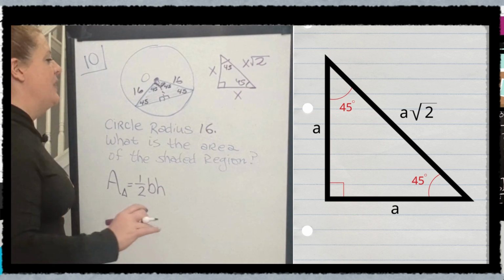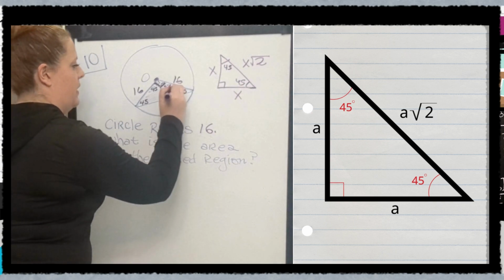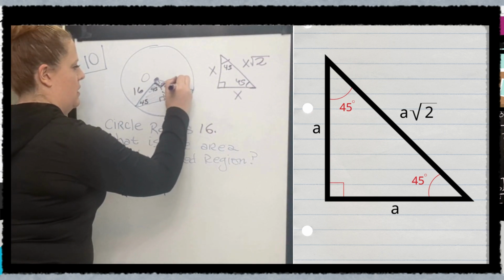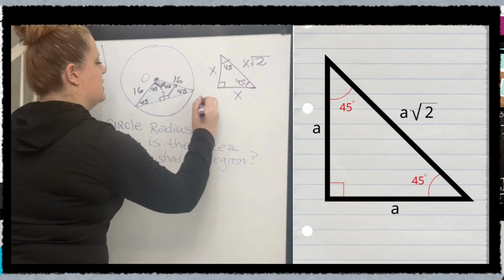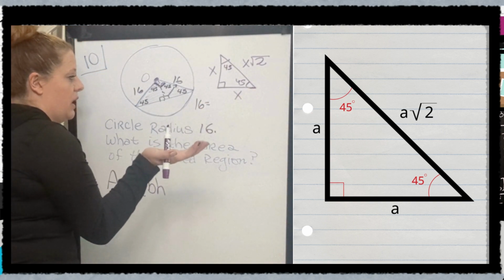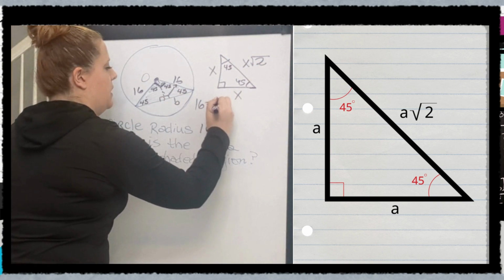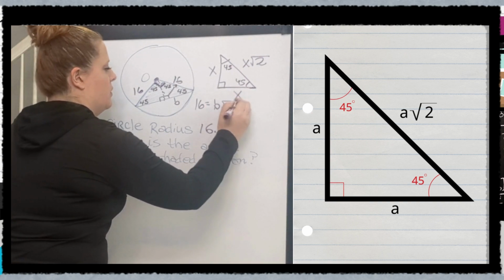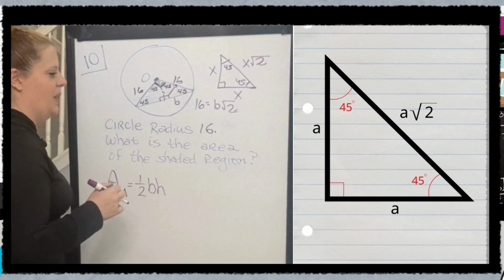So I know this hypotenuse, that's our hypotenuse of that triangle. It's across from the 90-degree angle. 16 is equal to whatever my side is, whatever my base is. I'm going to call it B for base. B times the square root of 2.